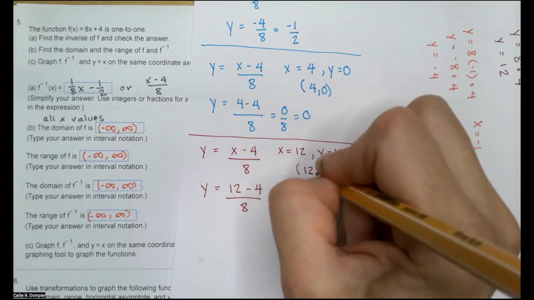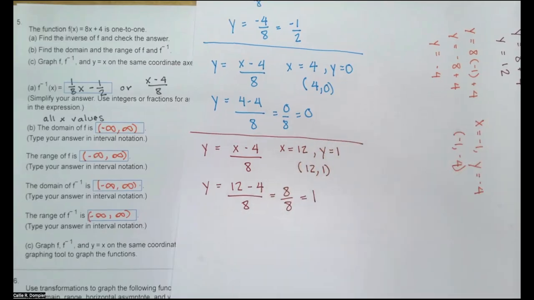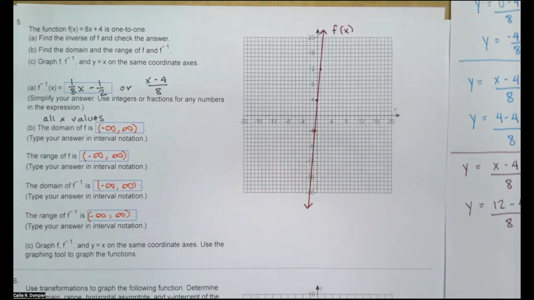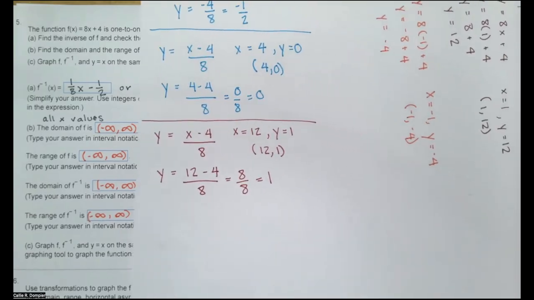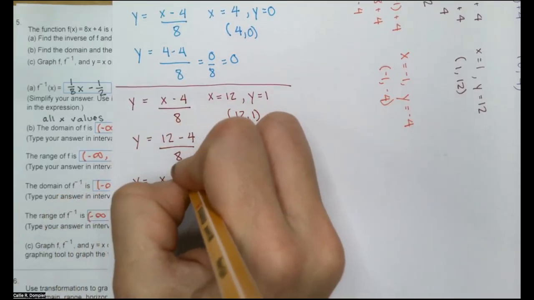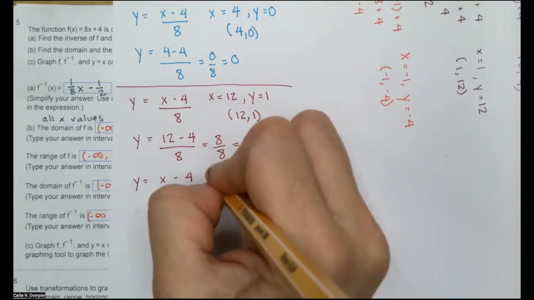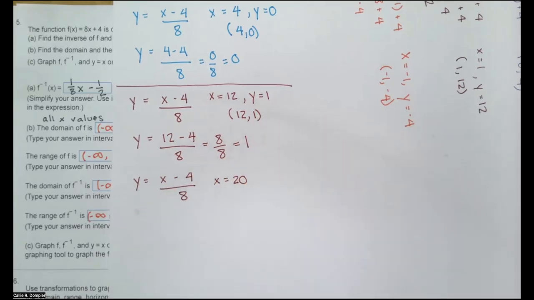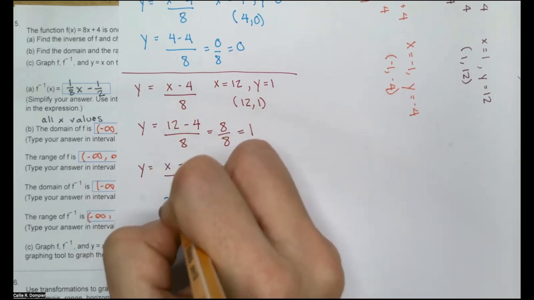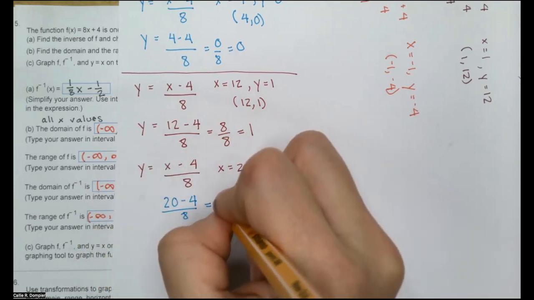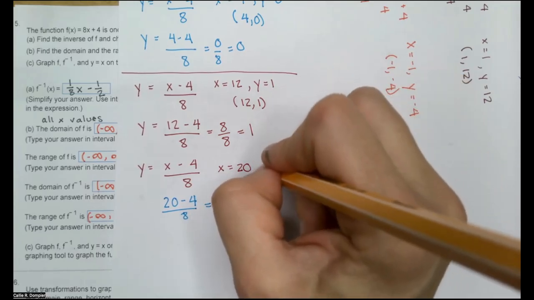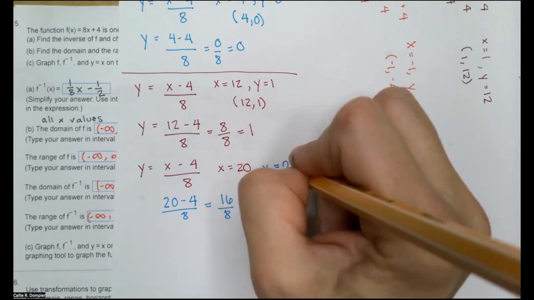So that's the point (12, 1). Good. How far does this go? 20? So I'll do 20. Y equals x minus 4 over 8 when x is equal to 20. 20 minus 4 divided by 8 is 16 over 8, which is 2. So when x is equal to 20, y is equal to 2.